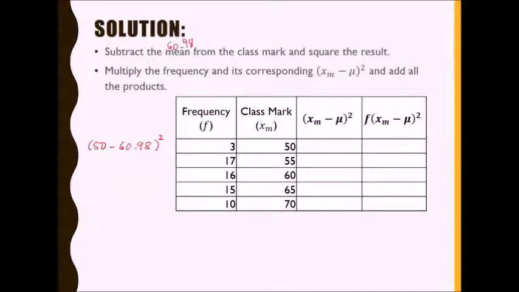Using our calculator, the result is negative 10.98, but since we are to square it, the result will be positive. Negative 10.98 squared is 120.5604. Let's round off to the nearest hundredths.